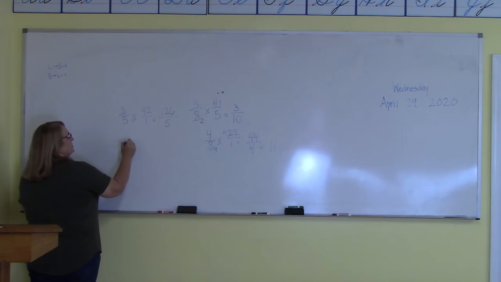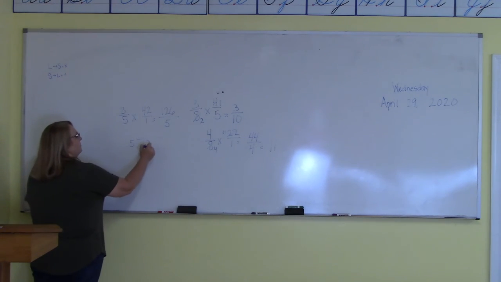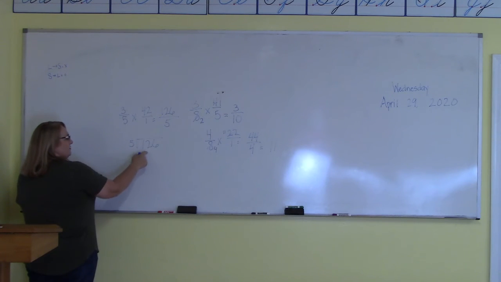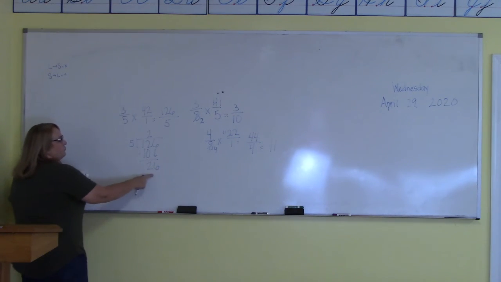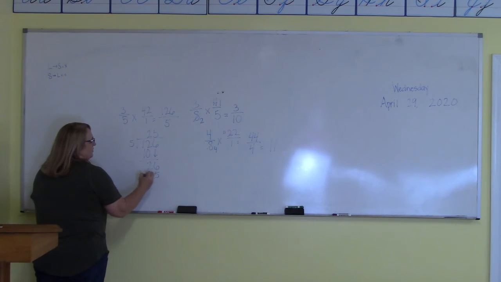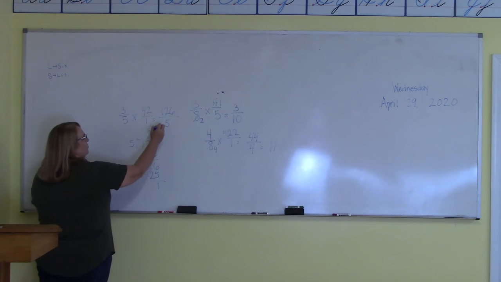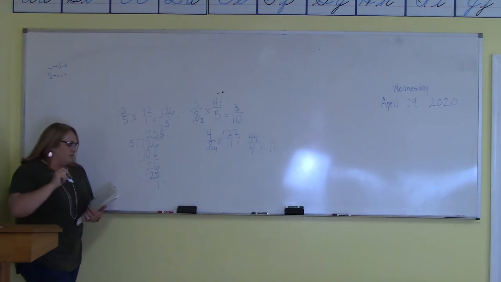You'll need to turn this into a mixed number by dividing. 5 can go into 12 2 times because 2 times 5 is 10. Subtract it out, bring down your 6. 5 will go into 26 5 times because 5 times 5 is 25. You're left with a 1 as a remainder. So your answer is 25 1/5 for D.